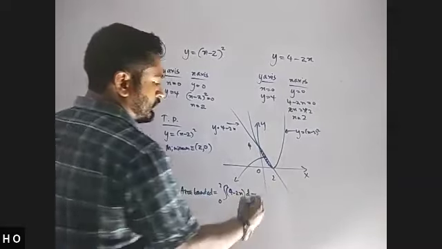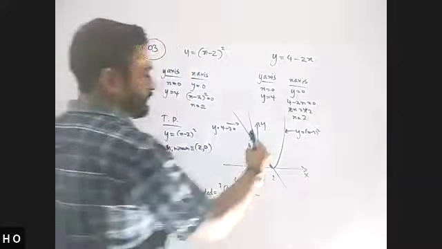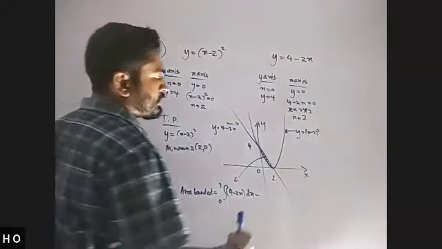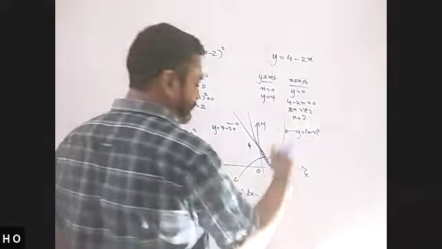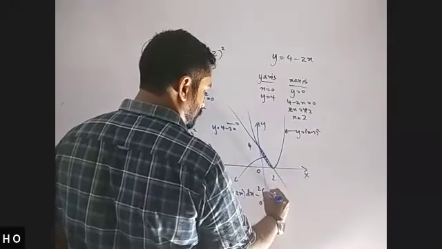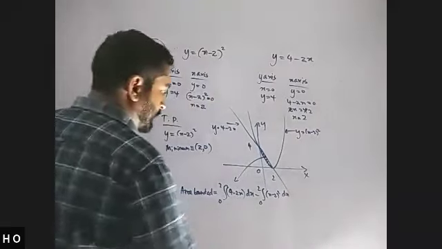You have to subtract the area created by the parabola, x minus 2 squared, from 0 to 2. Right.